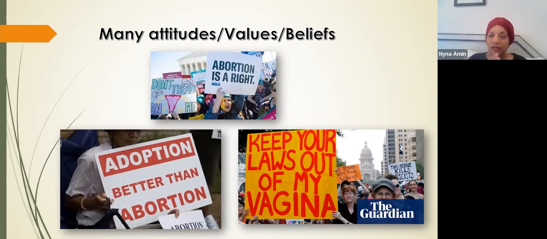The right to, a woman's right to make a decision about having a child or not to have a child. And what are the ramifications when a person says adoption is better than abortion?